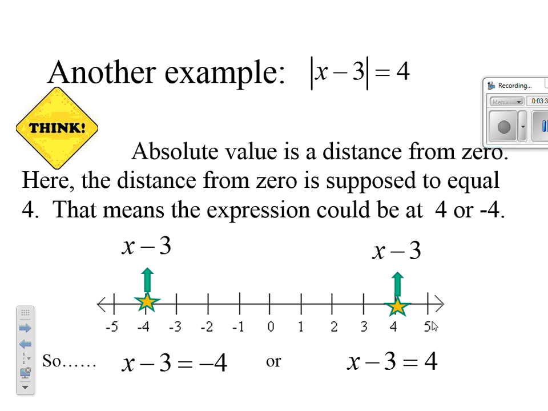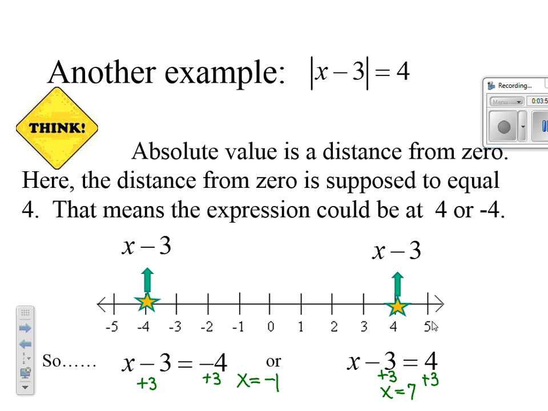So if I were to solve this equation, I would add 3 to both sides, and I would get x equals -1. Or I could say I'd add 3 to both sides of this equation, and x would be 7. So those are the 2 locations that make a distance of 4.